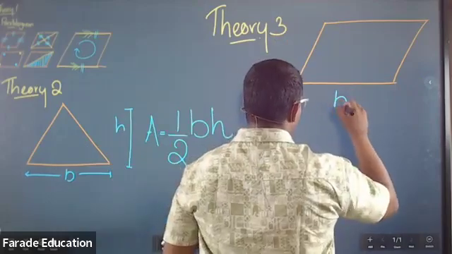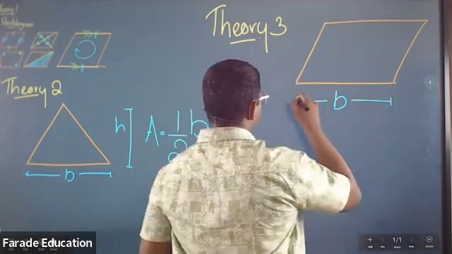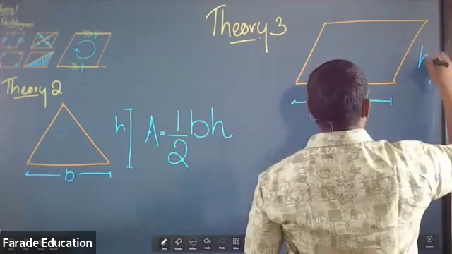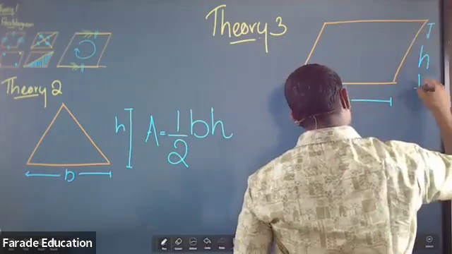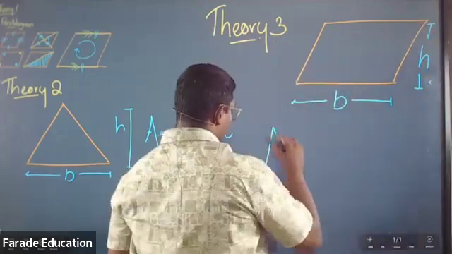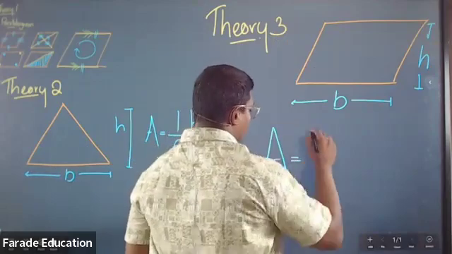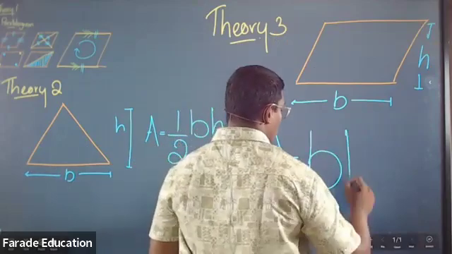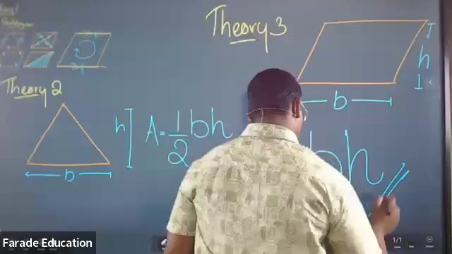With base B and perpendicular height h. So how do you find the area? Area equals base into perpendicular height.